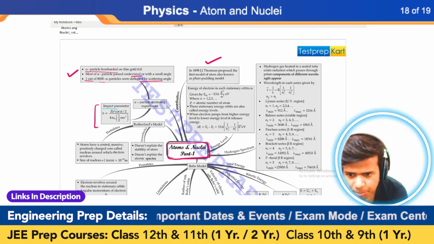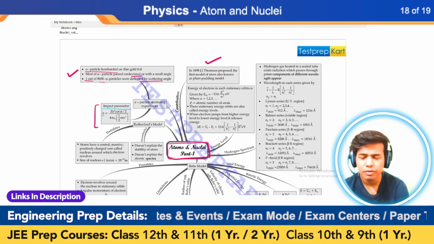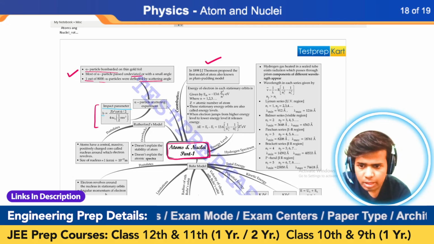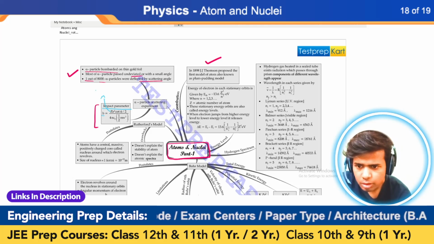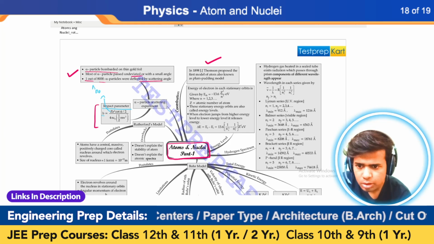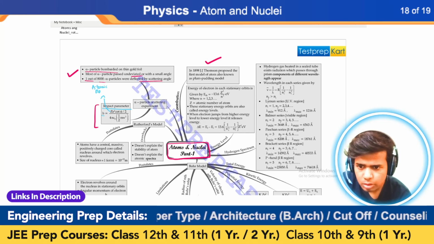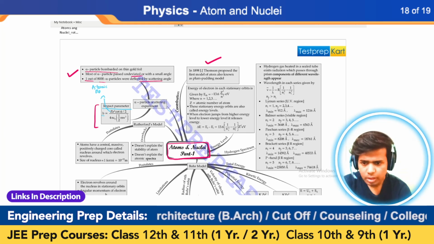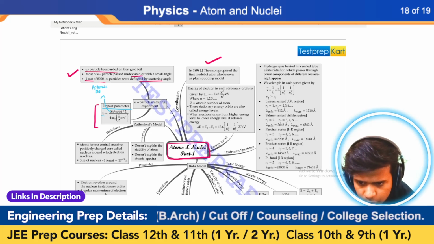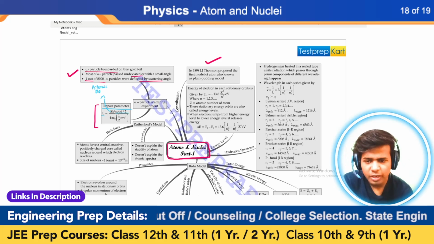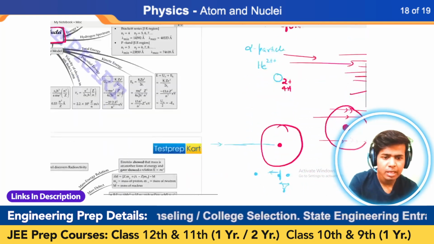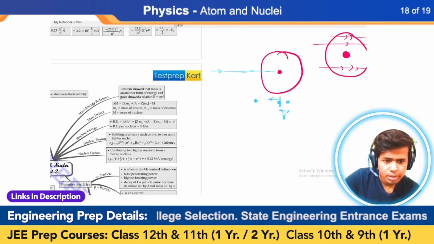B is the impact parameter, or closest distance of impact, where Z is the atomic number, and cot(θ/2) gives the angle of interaction.